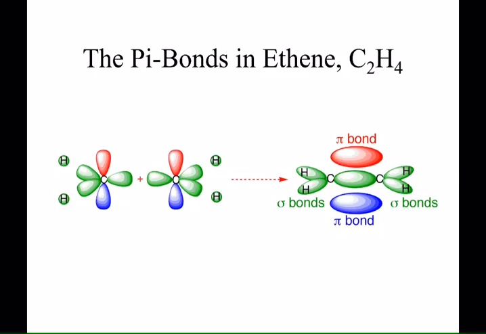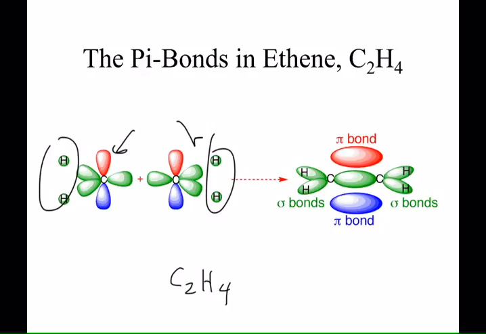I picked a compound, C2H4. We have our C2 and our H4 here, and these are the atomic orbitals. The atomic orbitals overlap to create the bond orbitals.